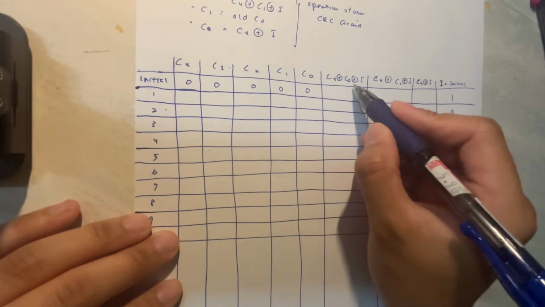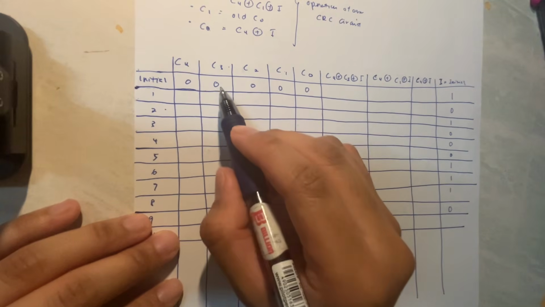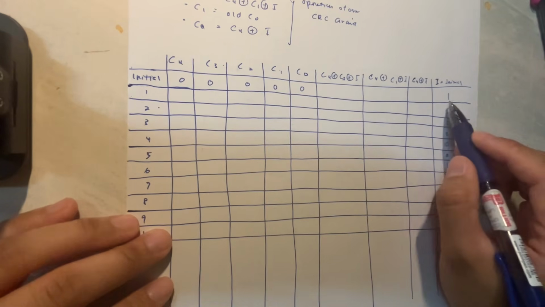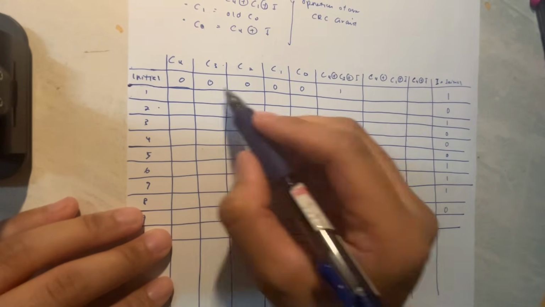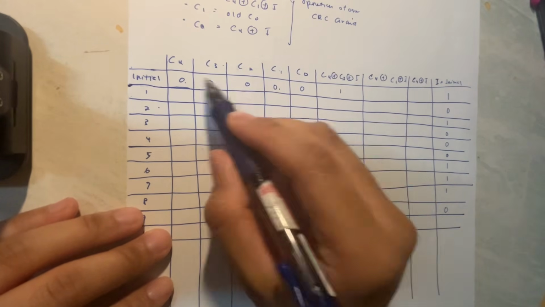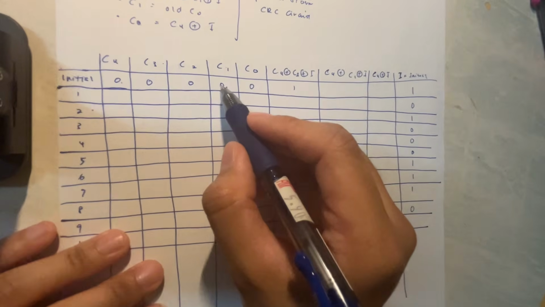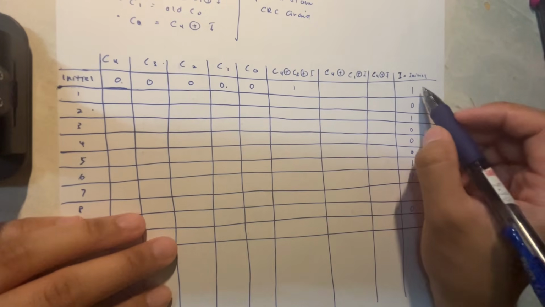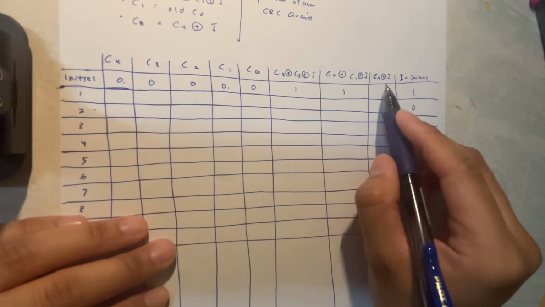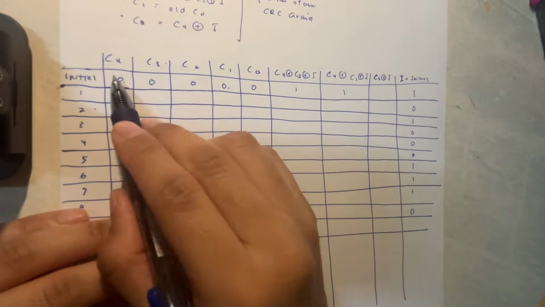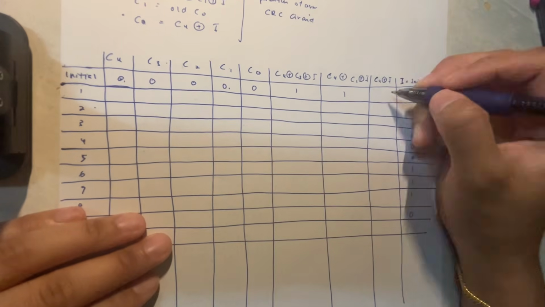So C4, C3 initial, 0, 0 is 0, 0 with 1 is 1. C4, C1 initial, 0, 0 is equal to 0, and then with initial 0, with 1 is 1. And then C4 XORed with initial, 0, 1 is 1.